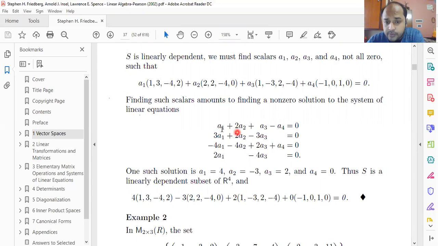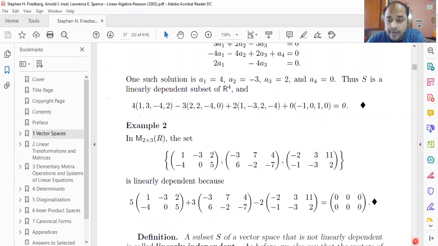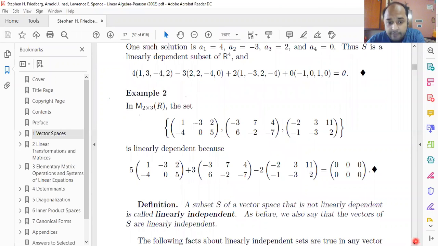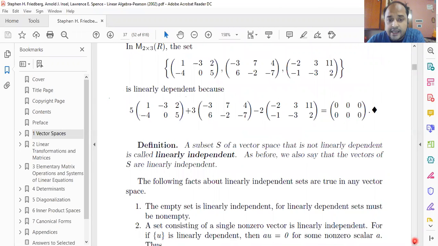After solving this equation, they have found that A1 equals 4, A2 equals -3, A3 equals 2, and A4 equals 0. Since the values of A1, A2, A3 are non-zero, this set containing these 4 vectors is a linearly dependent set. So it is an example. Below they have shown another example in terms of matrices. After that, they have defined the linearly independent set.